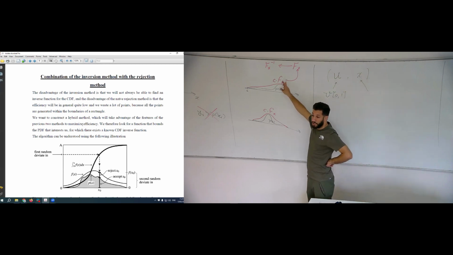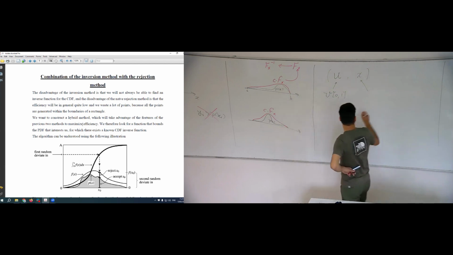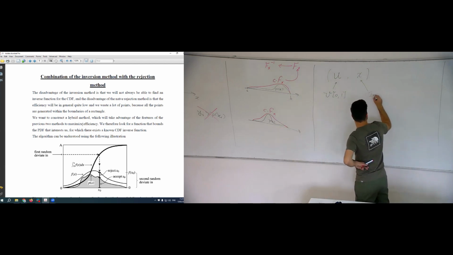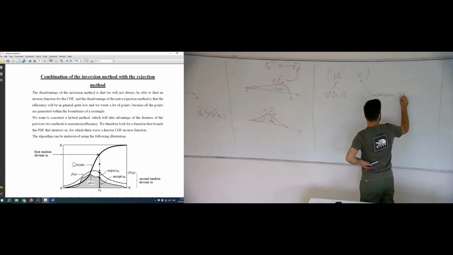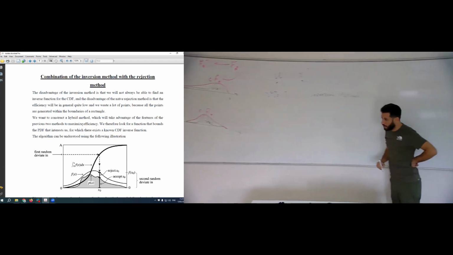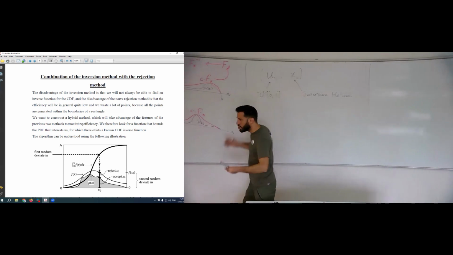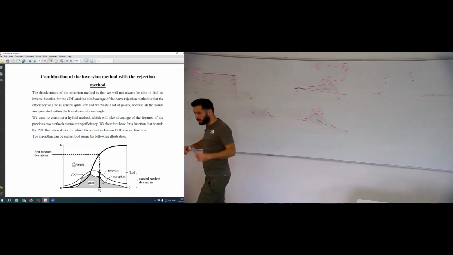How do we produce X from this distribution? Using the inversion method. Okay. So I produce many samples of it. Okay.